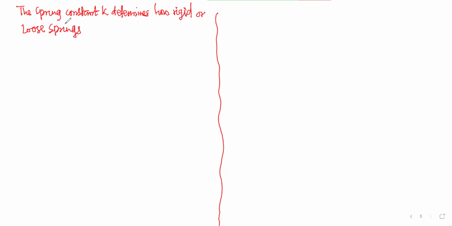If the spring is very rigid, so strong, as in what is used in car shock absorbers, the value of k is high, very large. If the spring is so loose, for example, as in the slinky spring, the value of k is less. So the value of k determines how rigid or loose springs are, okay?